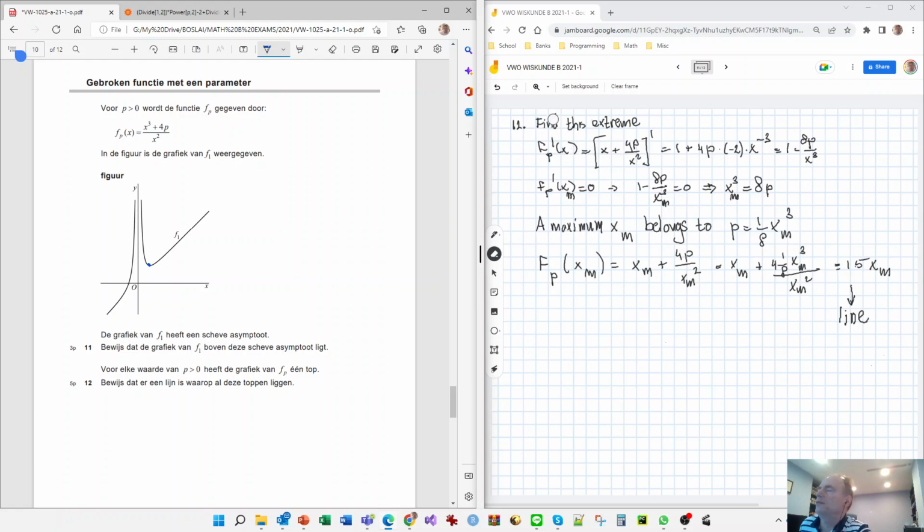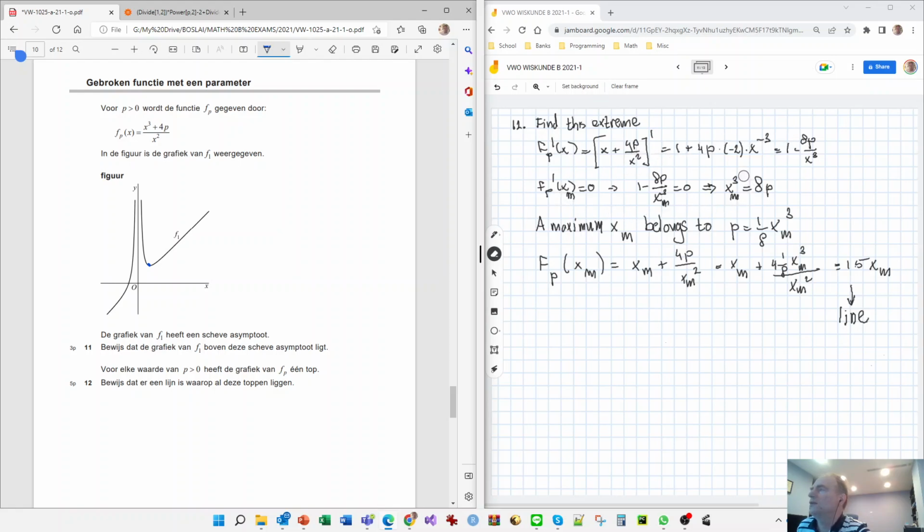Well, let's just first do the calculation. Let's, for certain p, calculate the derivative and set it equal to 0. And we call x_m the x-coordinate of the extreme. The calculation of the derivative is pretty simple. This is just minus 2x to the power minus 3.